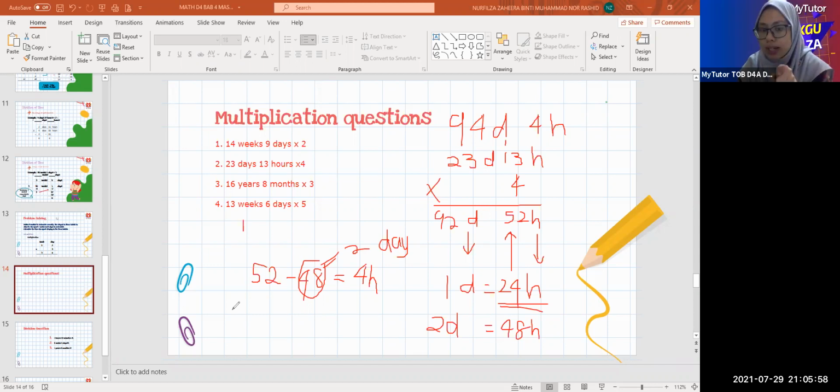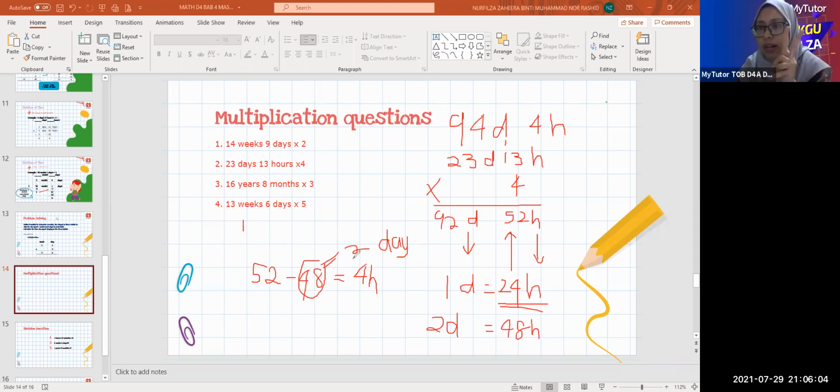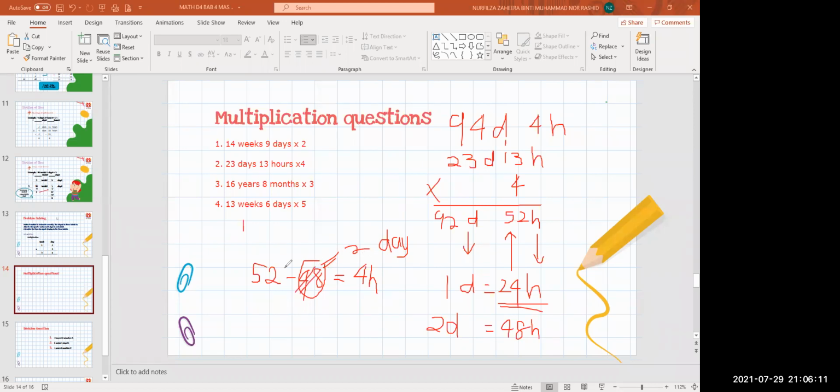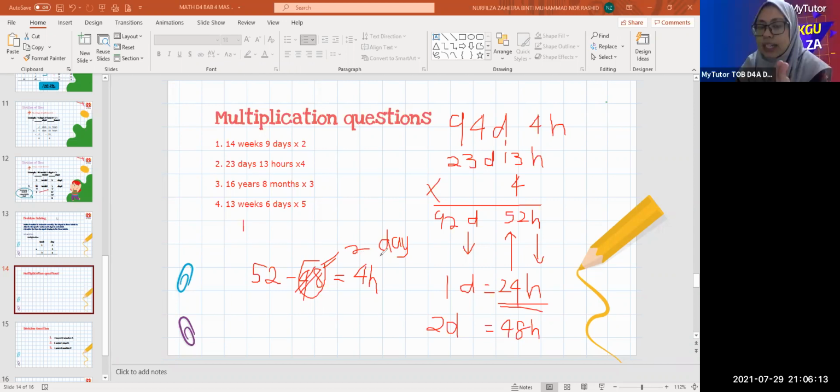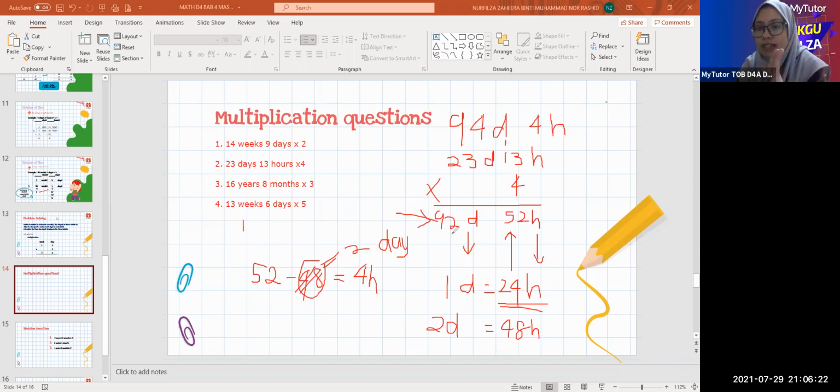Dalam 52 jam, 52 hours, ada 48 hours. 48 hours ni bersamaan dengan 2 hari already. So what you have to do is keluarkan 48 hours ni daripada 52 ni. Buang dia. Jadikan dia hari. Maksudnya kita tambah hari dekat sini. So 92 you add with 2. So it's jadi 94 days.